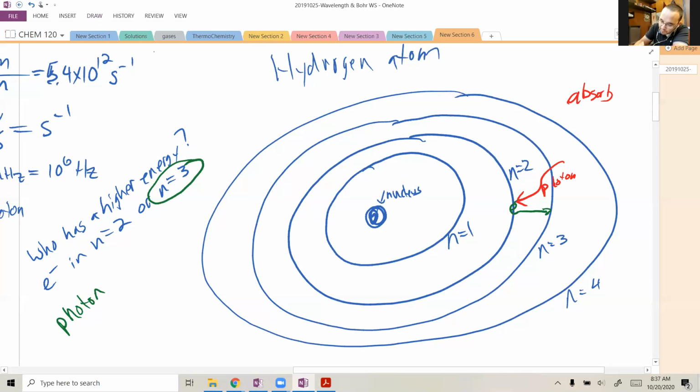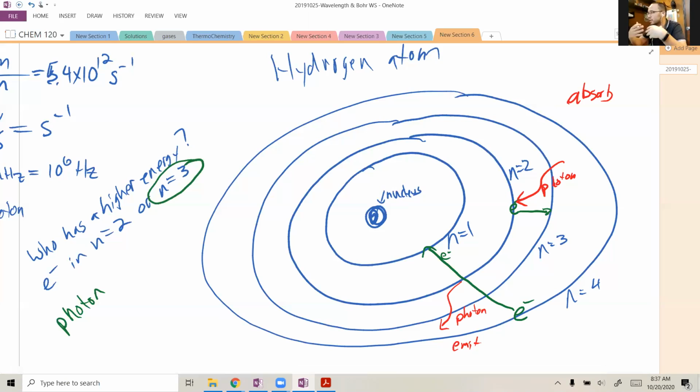On the other side, if we had an electron, let's say it was up here at n equals 4, and it went all the way down to n equals 1, it was going to emit a photon that has that energy between them. So this is the relationship of why we talk about photons in this class, because we're using that to talk about our different energy levels of our electrons.